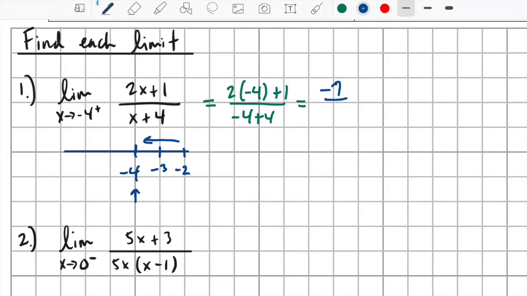It's getting closer and closer to 0, yes. But is it a positive number or a negative number? Well, since we are approaching from the right, that number is going to be positive. So this is how we'll write it. We'll write it like a little plus sign here. And that just tells me that that number is getting very, very small. It's approaching 0, but it's positive.